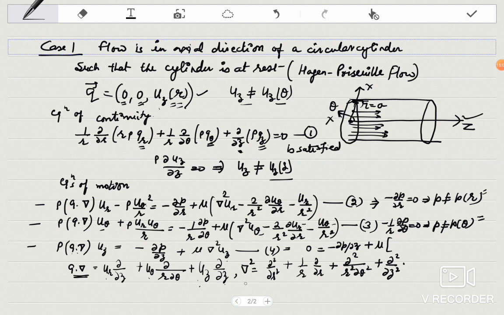I have to apply delta 2 on uz; this is an operator operating on uz. Here you will put uz, and yes, uz is a function of r. So you get delta 2 uz/delta r2 plus 1 upon r delta uz/delta r. Now uz is not a function of theta and not a function of z, so you are left with this equation, and this is equation 4.